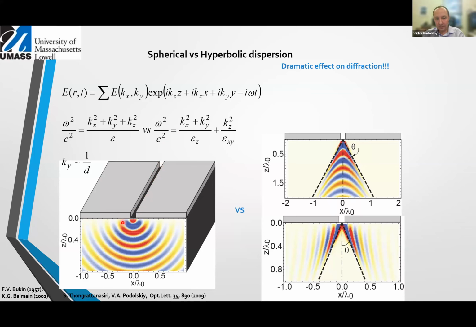You can see that your diffracted beam is actually a set of cylindrical waves that just propagate outside, away from the slit. In contrast, in hyperbolic media, instead of these cylindrical beams, you have a set of hyperboloids that represent the phase fronts of the waves in these materials.